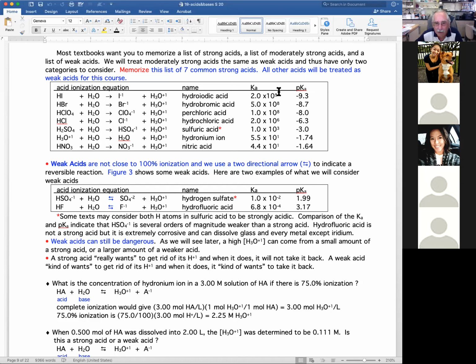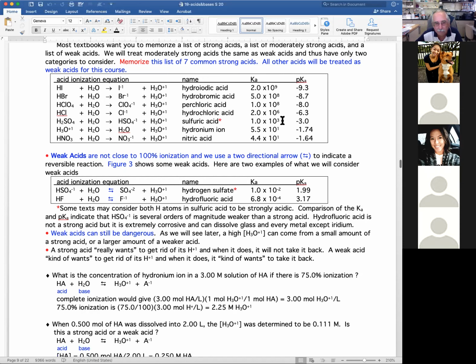Notice that hydroiodic is orders of magnitude stronger than most of these other ones. Way stronger. Factor of 1,000. So you're going to have to memorize those 7 strong acids.